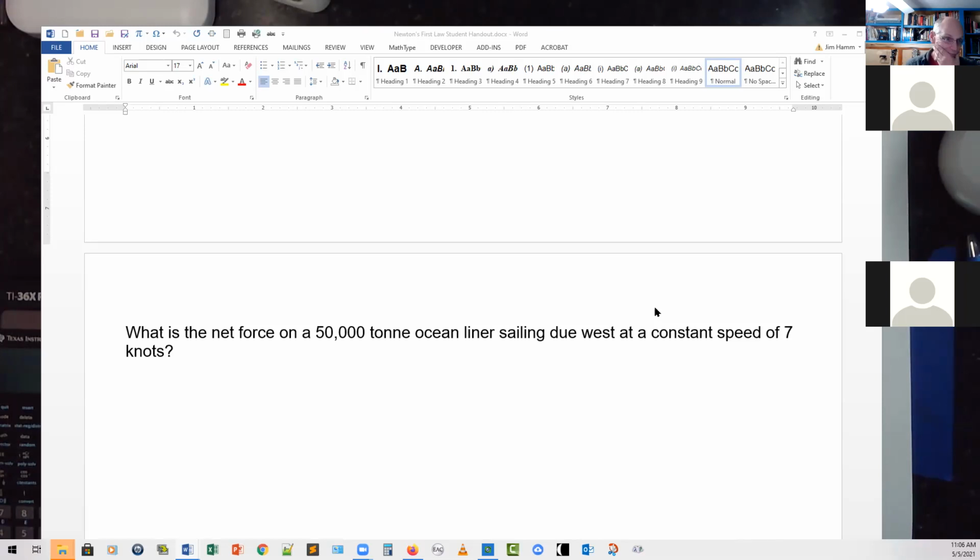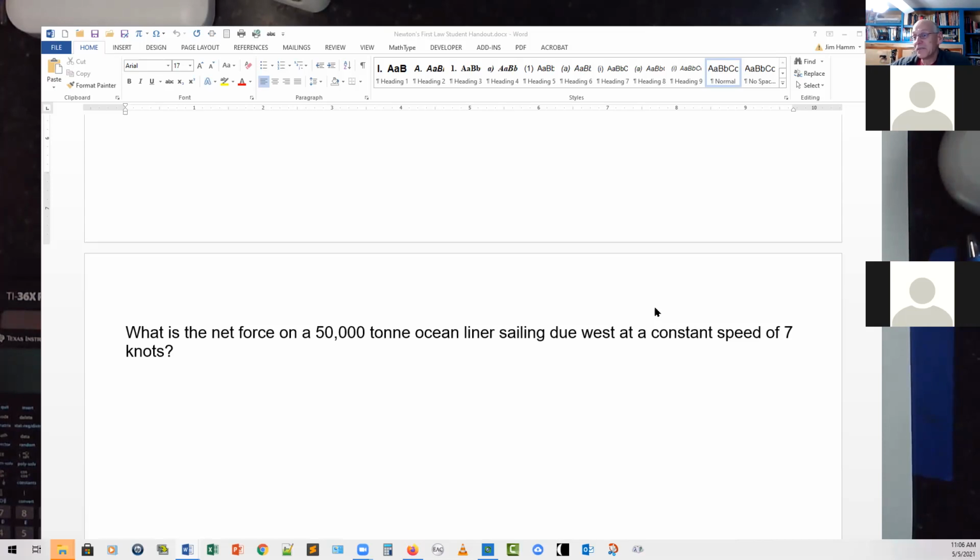And how could that be? Well, the propellers of the boat would be pushing on the water with a certain force. The water, in return, we haven't gotten to Newton's third law yet, but it will be pushing on the boat in the opposite direction. But then there's water resistance from the water that the boat is trying to push through, and those things all add up to zero.